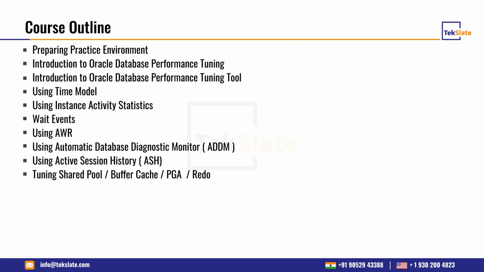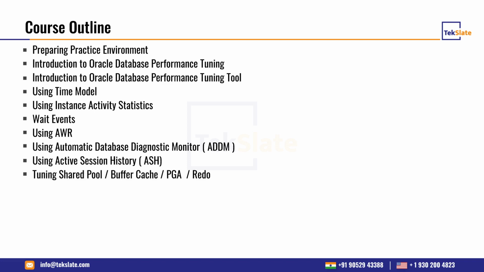So we should go with the ASH report, not the AWR report. The reason is that the ASH report is very time specific, and it gives what went wrong during that time period. It will provide you all the queries and all the other information. So ASH is quite useful in such scenarios.